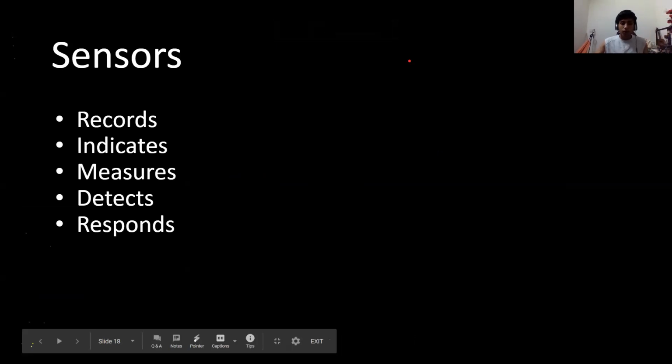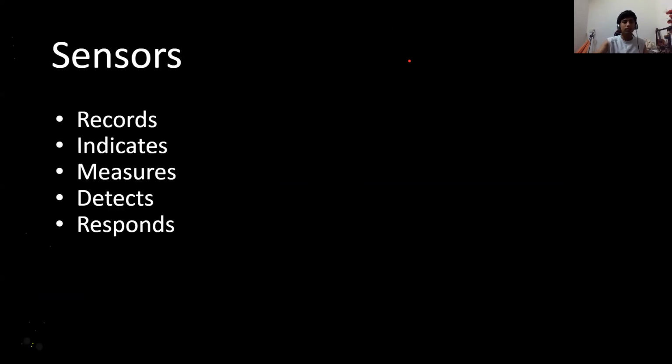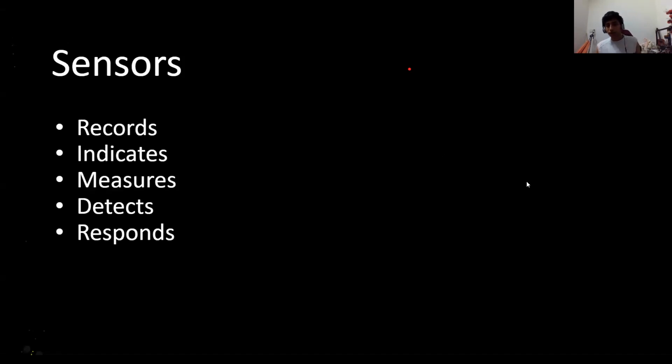Okay. So what is a sensor? A sensor is basically an electronic device that can record, indicate, measure, detect, or respond to a change in a sort of stimulus.